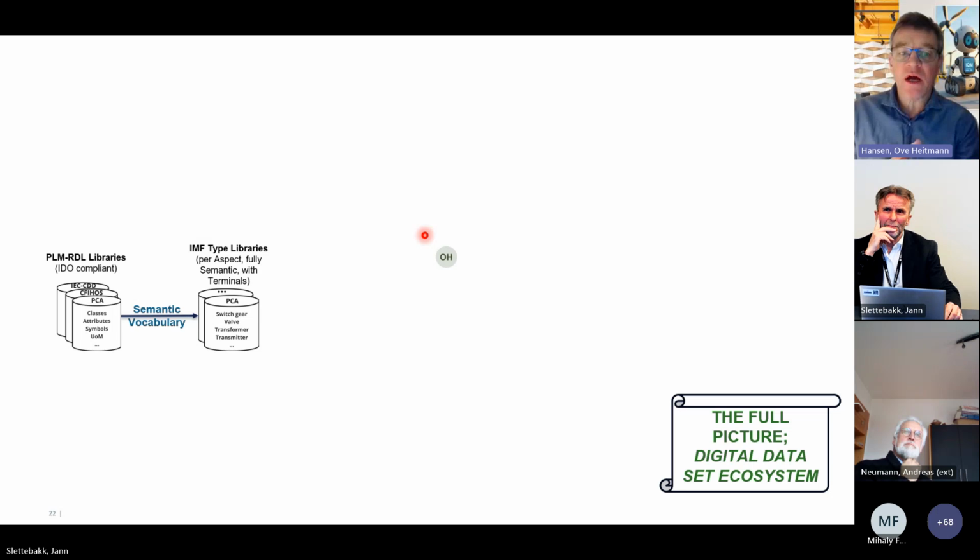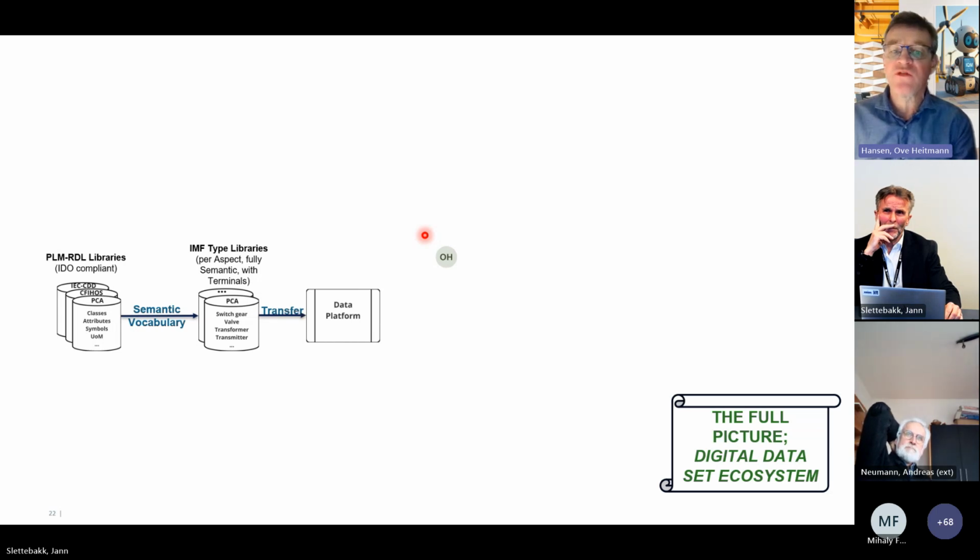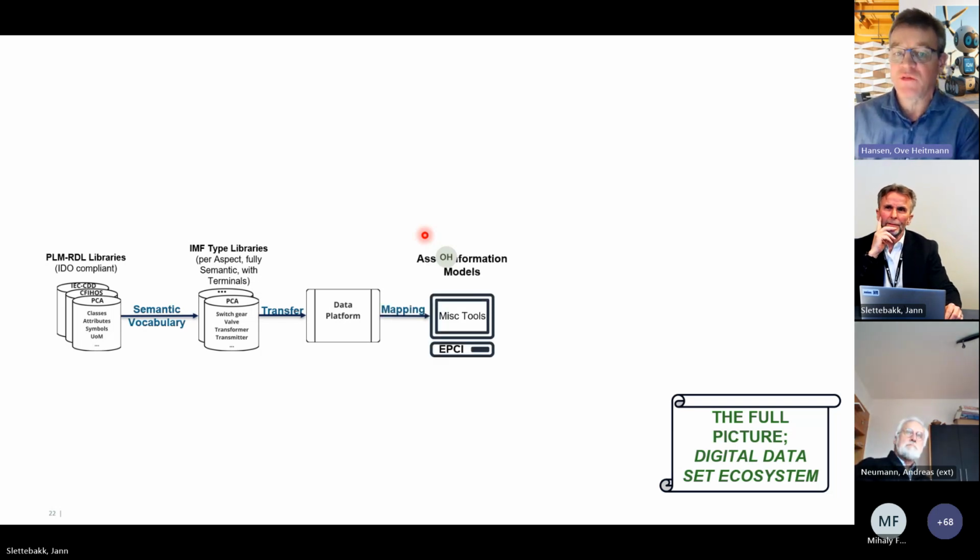So when we have IMF types in this library available for the industry, they can be transferred and taken on board to different data platforms in the different industries, and they can map them to their systems.